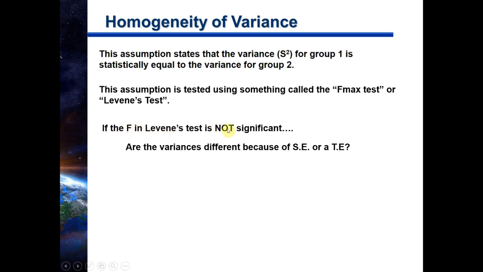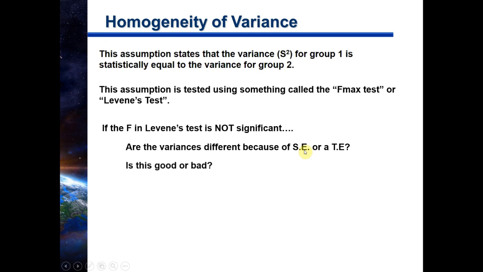And if that F value turns out to be not significant, so we're going to look at the sig value for this F, does this mean that the variances are different because of sampling error or a treatment effect? Not significant means we are retaining H0, null, none, and nothing. It means that our variances are probably different just because of sampling error.